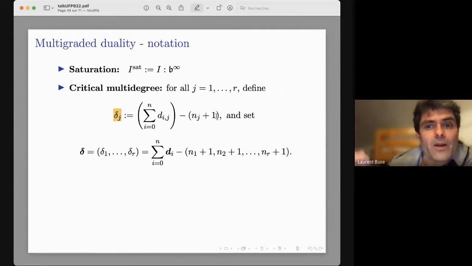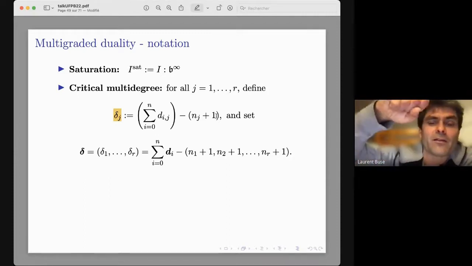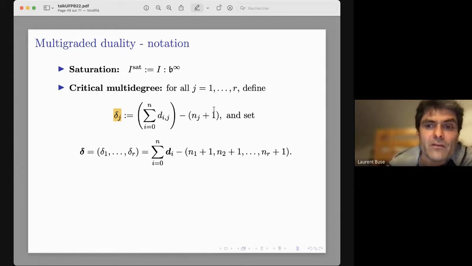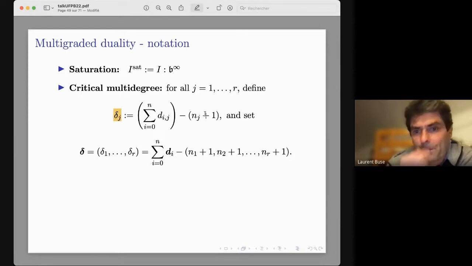Before we had the sum of di minus 1. The minus 1 was hidden in this sum because I took the sum of di minus 1. So the minus 1 gives the n plus 1. So this is where we see this term here.